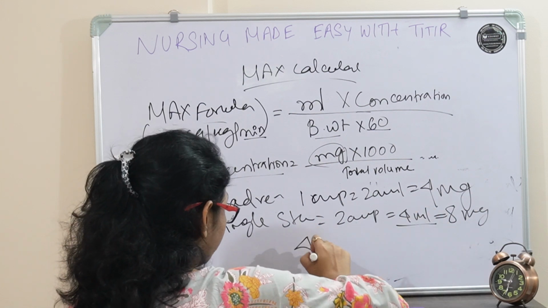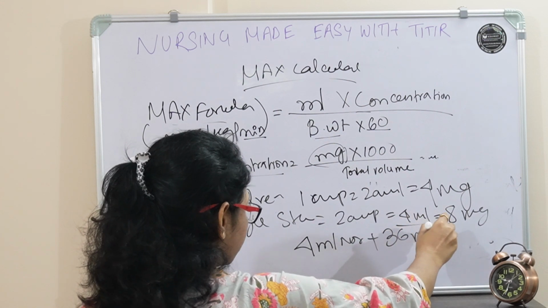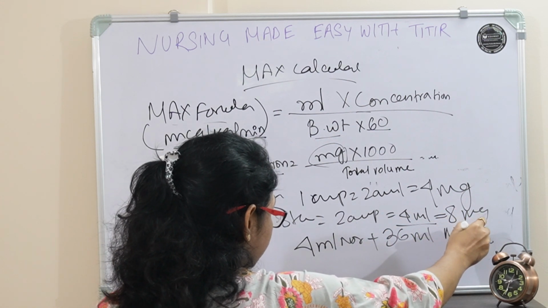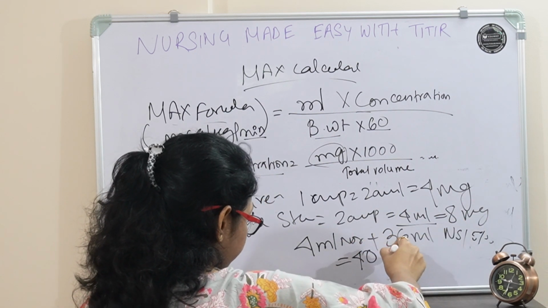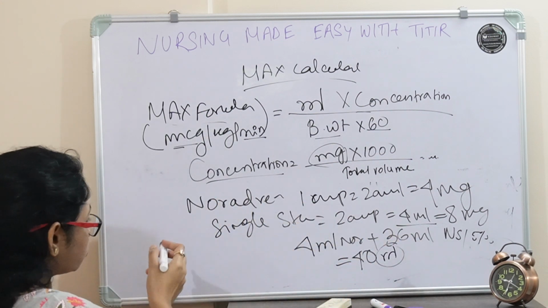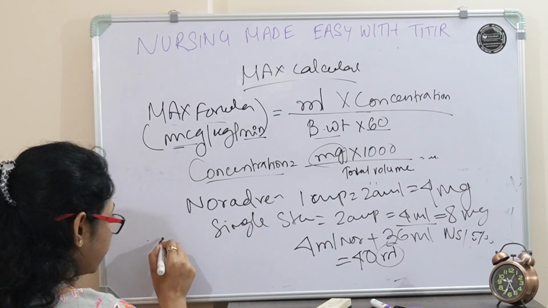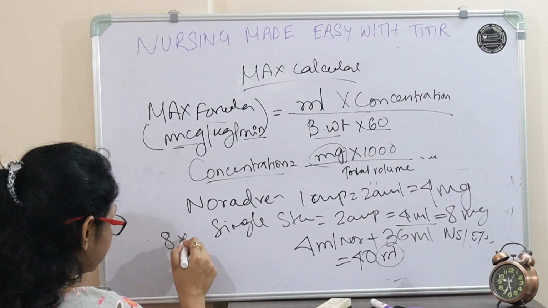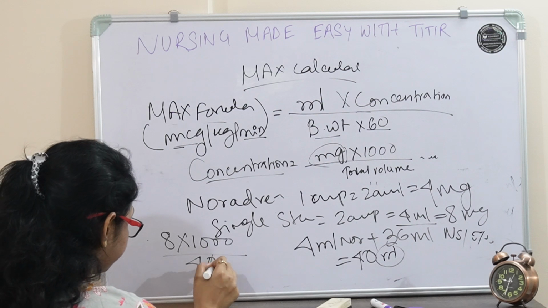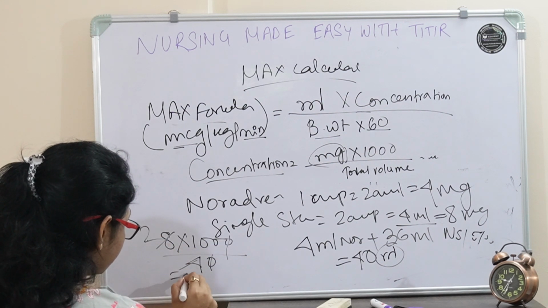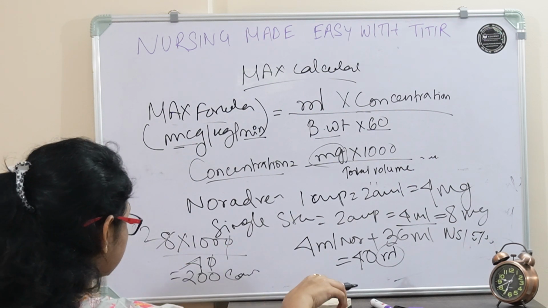For dilution, 4 ml norad plus 36 ml of NS or 5% dextrose. It will come to 40 ml total. So in that case, for single strength, the concentration will be 8 mg into 1000 divided by 40. 200 will be the concentration for single strength norad.